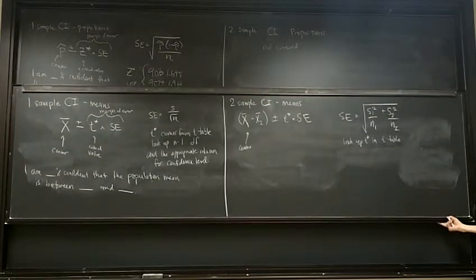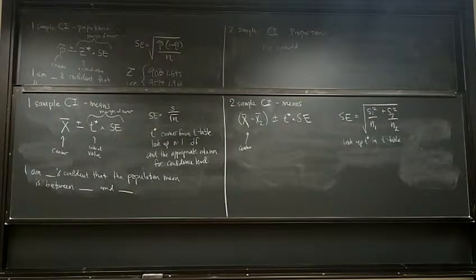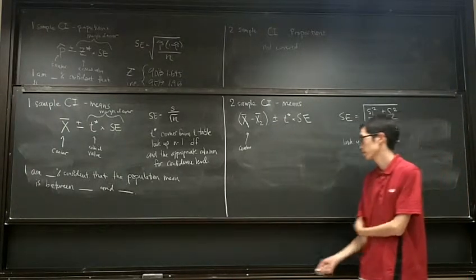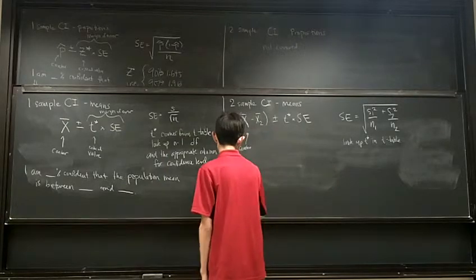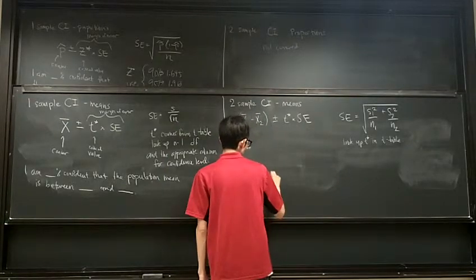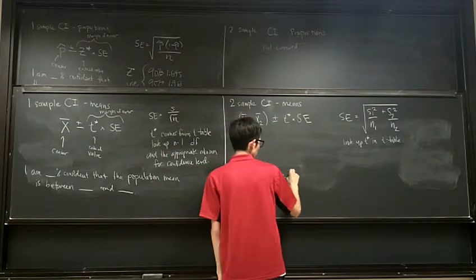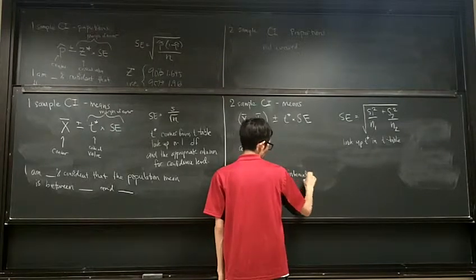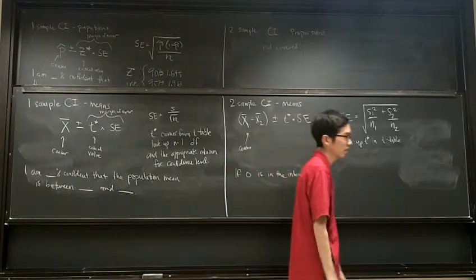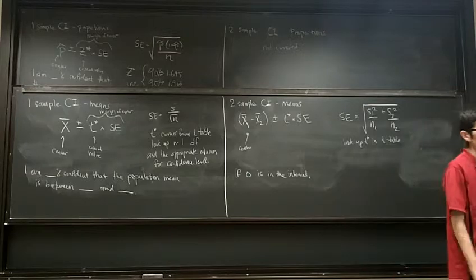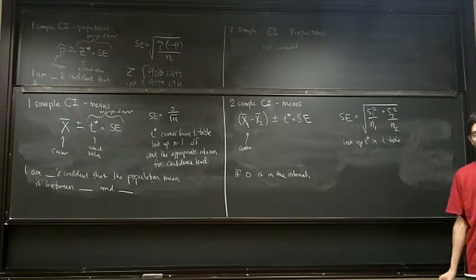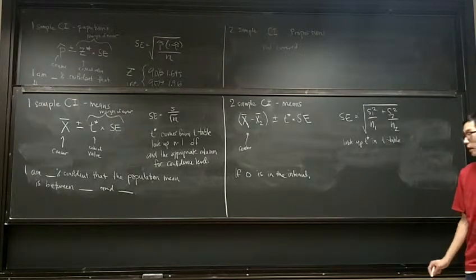How do I decide if I have evidence of a difference or not? If 0 is in the interval, do I or do I not have evidence that there's a difference between the means? I do not.